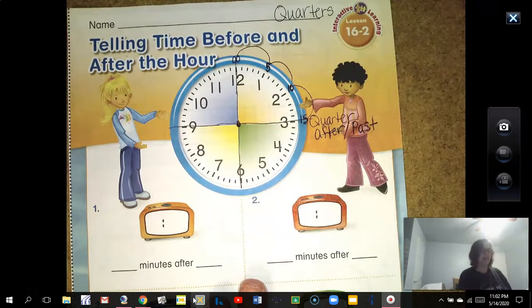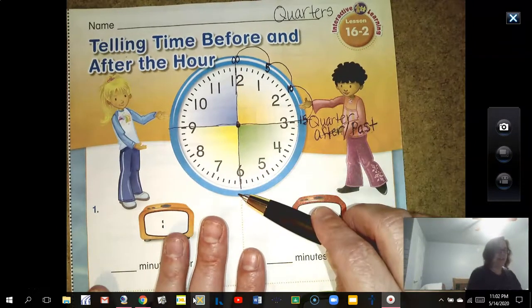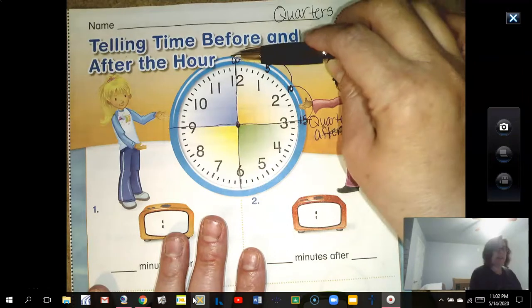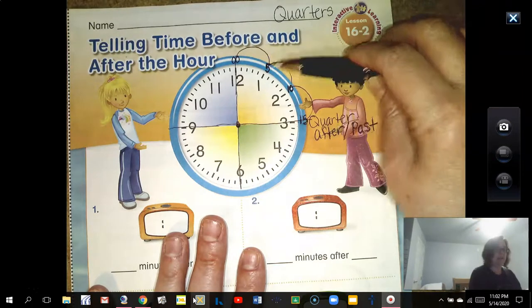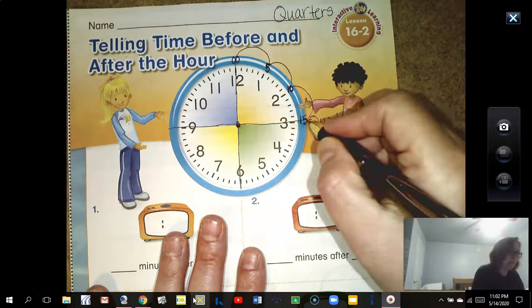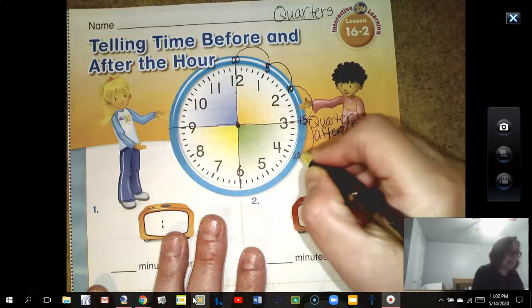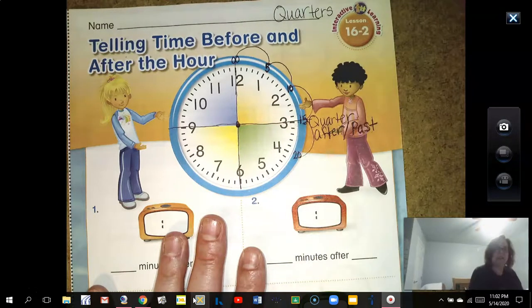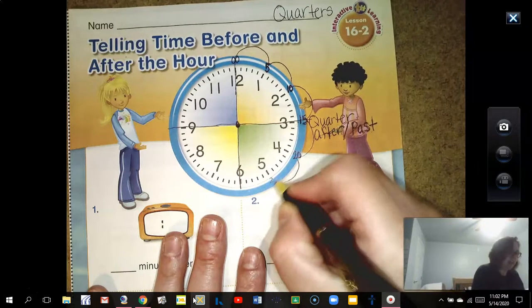All right? Now, if we go down here, if we start up here with the minutes and we count 5, 10, 15, this would be what? 20, 25.